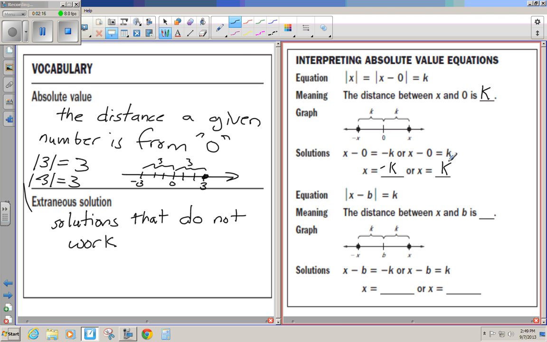It can be either or. Here, the absolute value of x minus b equals k. It's the distance between x and b is still k. So x minus b should be negative k, which means then the solution is actually b minus k, and over here it would be b plus k.